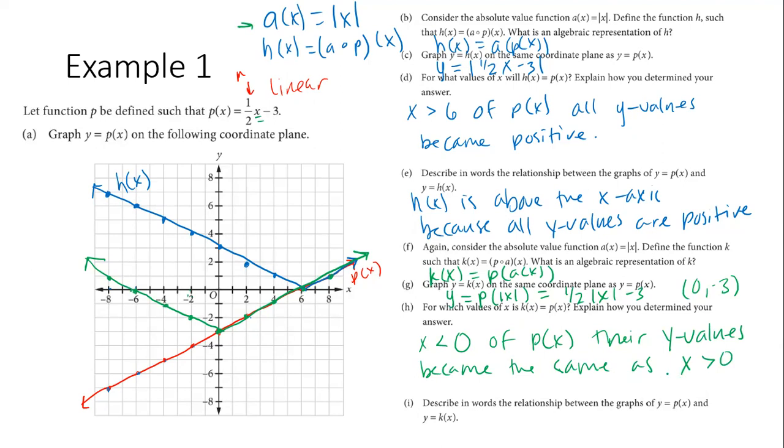So the positive x values are now going to become the output for the negative x values. And graphically, what that ends up creating is symmetry with the y-axis.